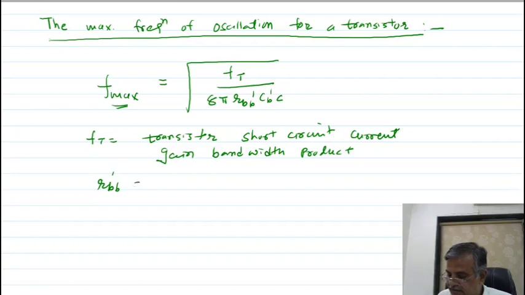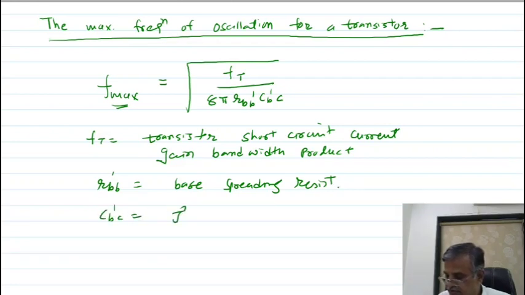R_bb' is the base spreading resistance. It means it is the resistance of the base lead. And C_b'c is the junction capacitance between collector and base.